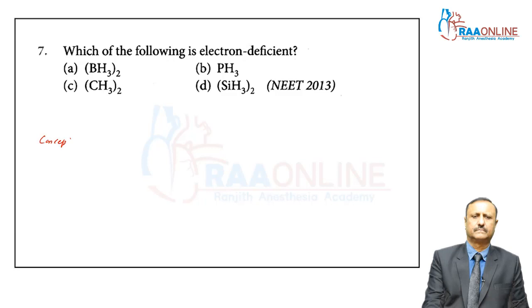The concept is that the 13 group elements are boron, aluminum, gallium, indium and thallium. Here you can see the outermost electronic configuration ns2 np1 is present. So when these elements form trihalides, for example BCl3, it is because there are 3 unpaired electrons.